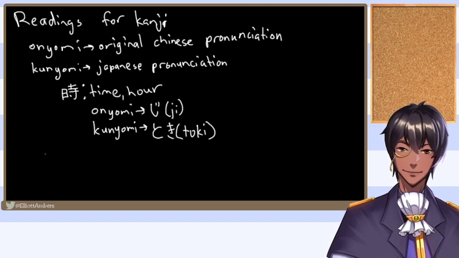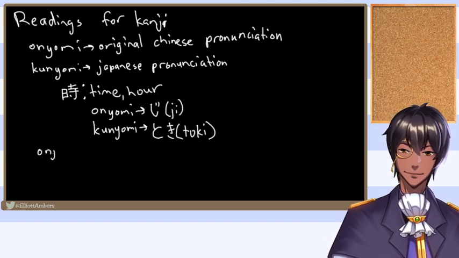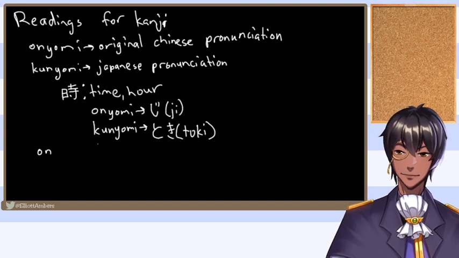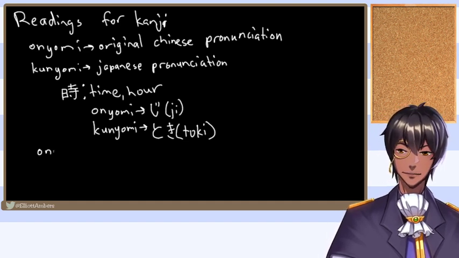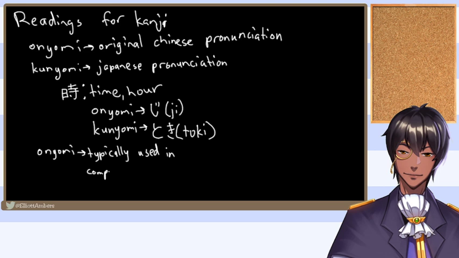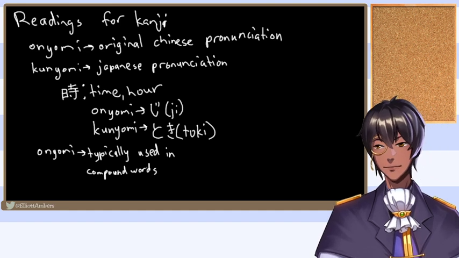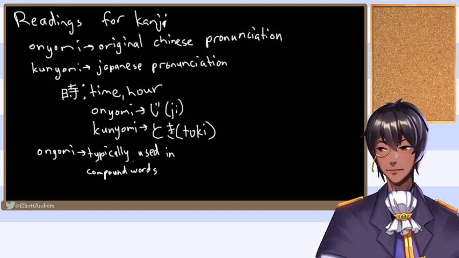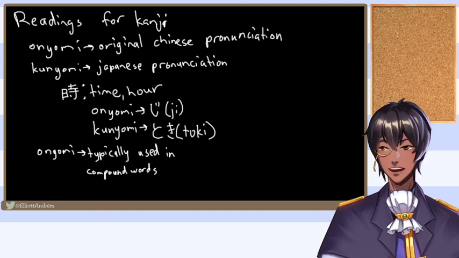So, when will you see one or the other? Onyomi you usually see typically used in compound words. There's a more formal name for this, but I will just refer to it as compound words just so we have that language connection there.